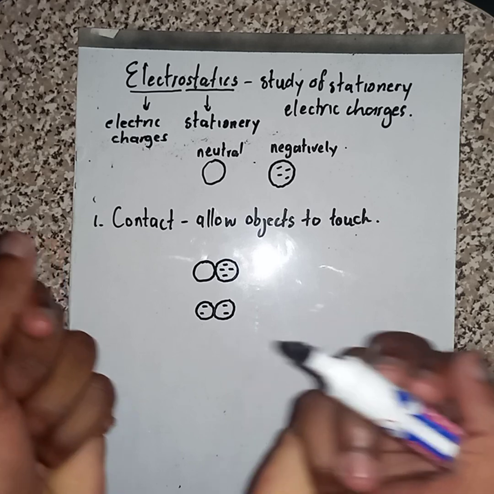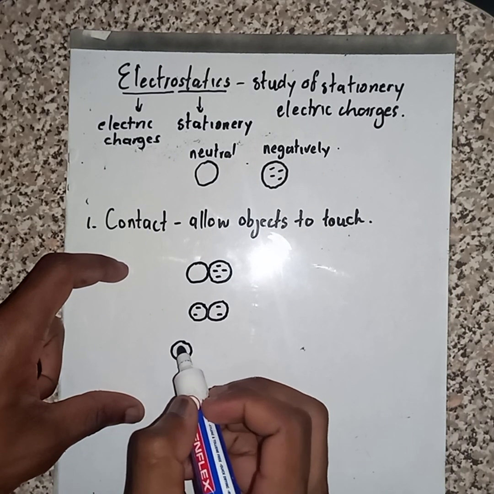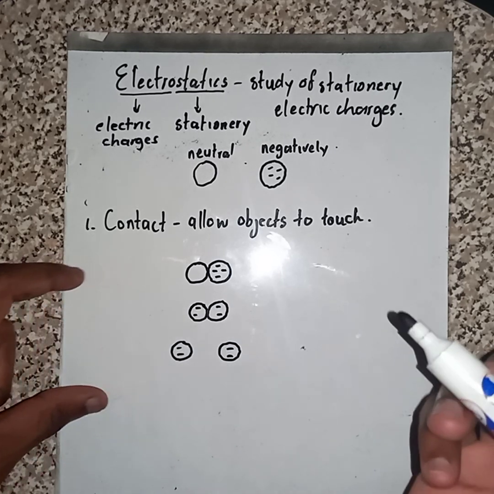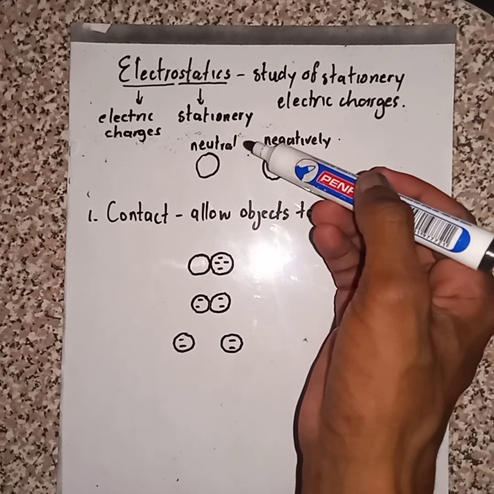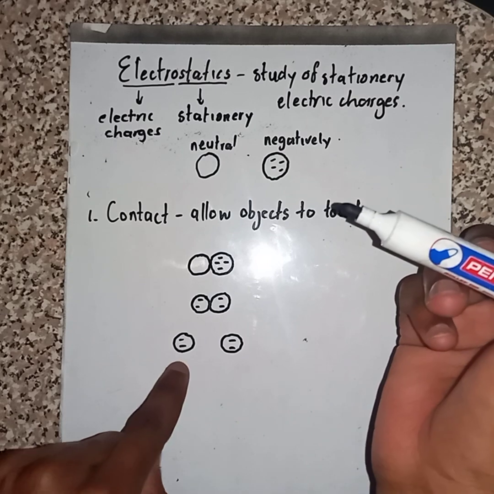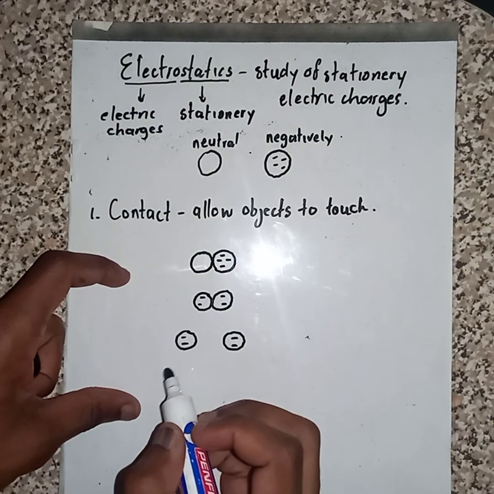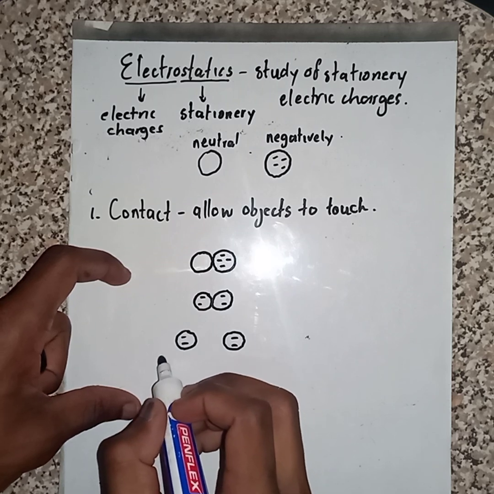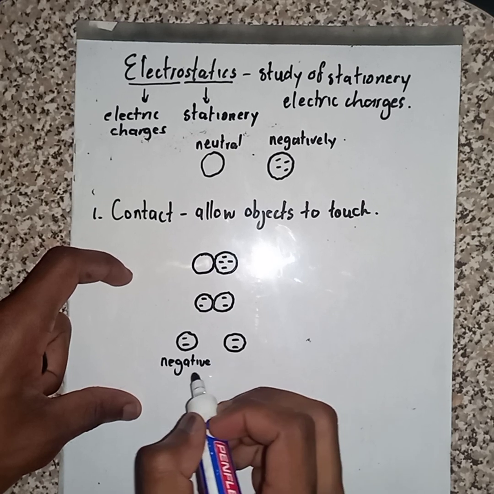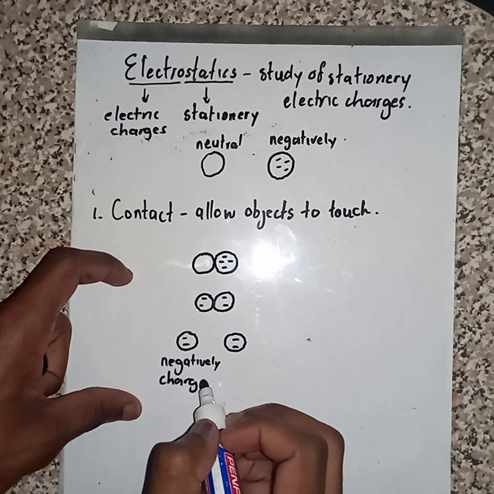Then after some time, if we allow these two to separate, each is going to have a negative charge. At first, this one was neutral, but now after it has gained electrons, it's no longer neutral, but negatively charged afterwards.